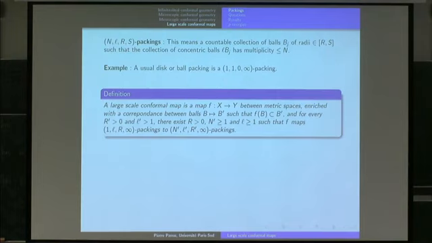So it means, and the quantifiers are in the right order, if I impose the scaling parameter in the range, I want to have a scaling parameter in the domain, which guarantees that these rather scarce L packings in the domain are mapped to less scarce L prime packings in the range.